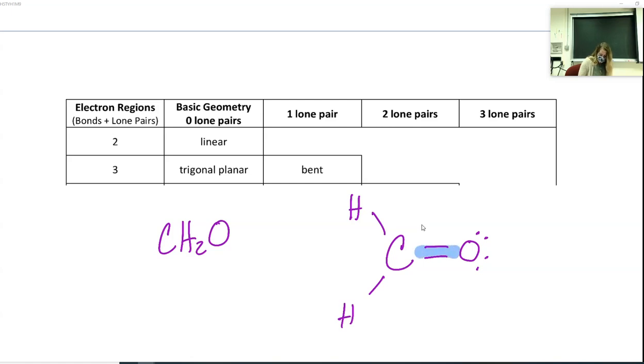We've got 1 bond, 2, and 3. So we've got 3 electron regions with no lone pairs. So you guys can see that it's a perfectly flat plane. Do you guys see that? So we call it trigonal planar. Now there are going to be situations where you may have a third area that's a lone pair and that your molecule may end up being bent. So you need to look for that molecular geometry as well.